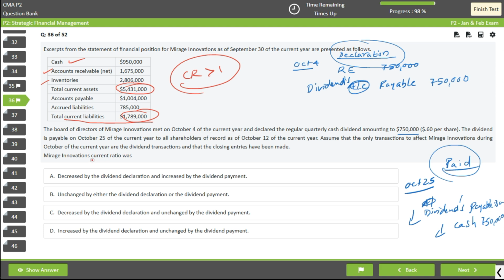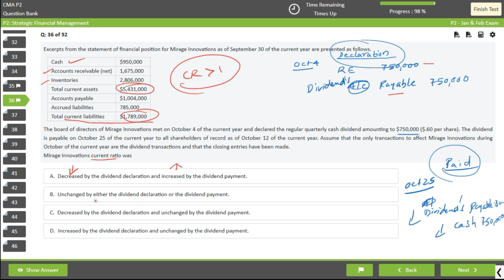So what is happening to the current ratio? It decreases by the dividend declaration. Retained earnings has no effect on current items, but dividends payable is increased, which means the current ratio will decrease. The current ratio will increase by the dividend payment.